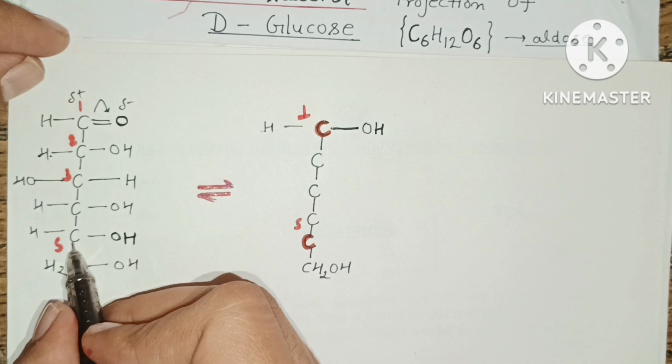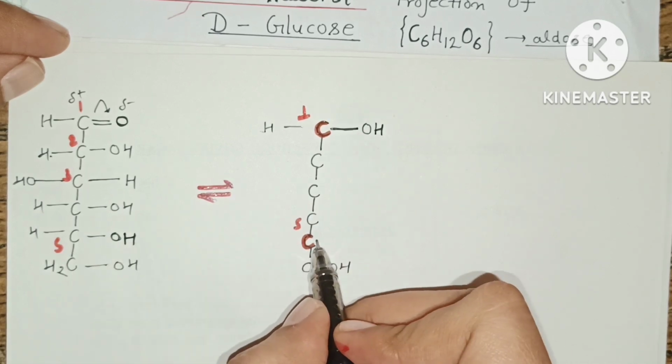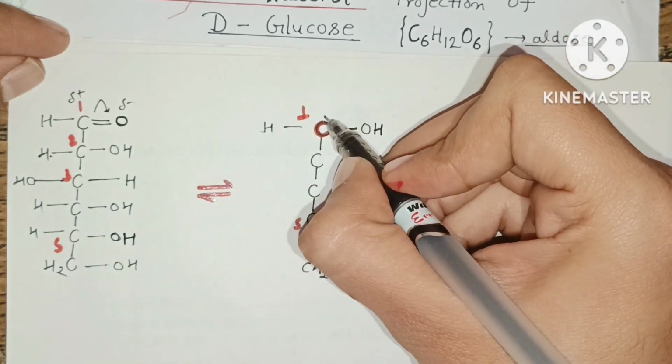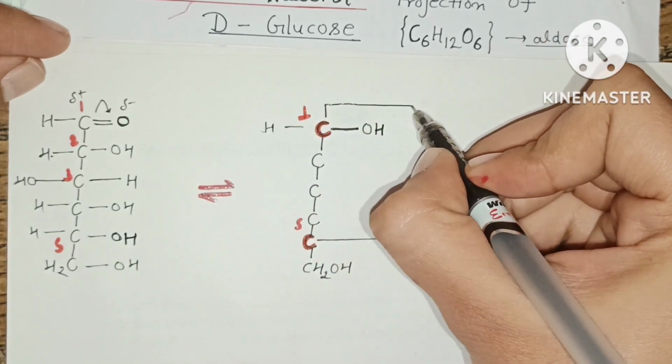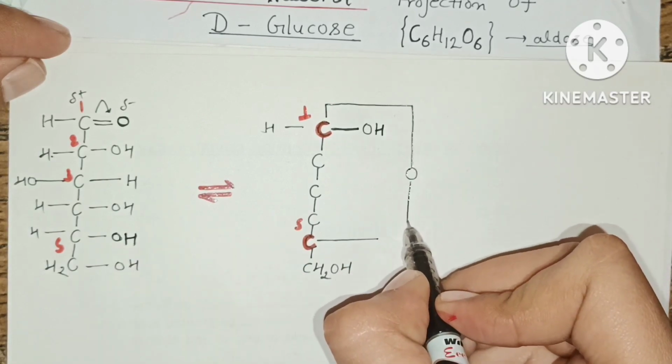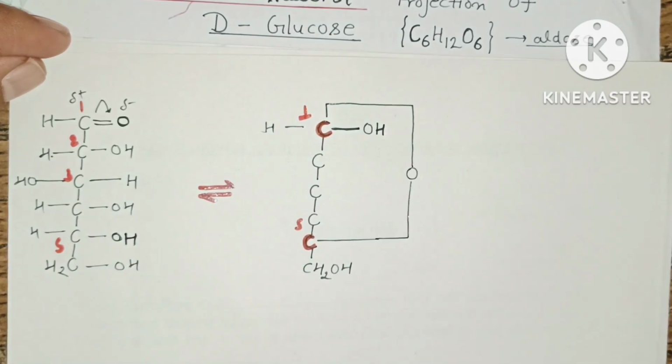Now what happens at the fifth carbon? This H is not here. This becomes O and this oxygen will form a bond with the first carbon. So you can draw it like this. This oxygen I can write over here just for the symmetrical structure. And this is the CH2OH.